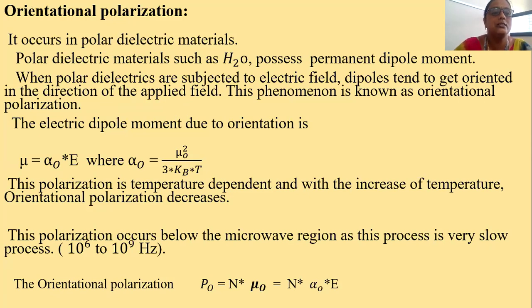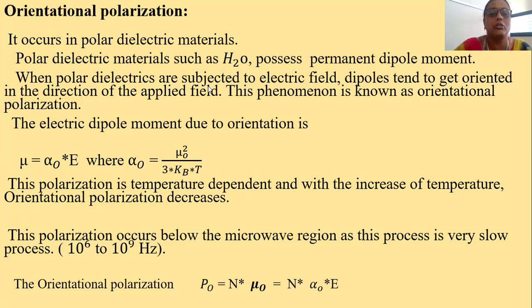So those materials are known as polar dielectric materials. This orientation polarization occurs in polar dielectric materials. If you consider H2O, this is the easiest example, because we know that it possesses a permanent dipole moment.